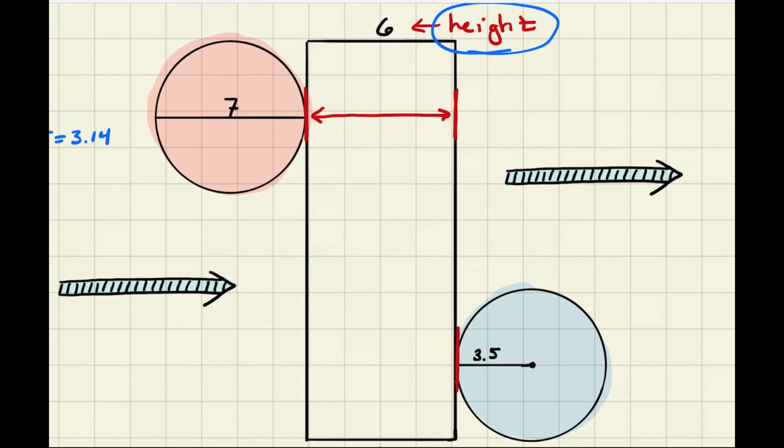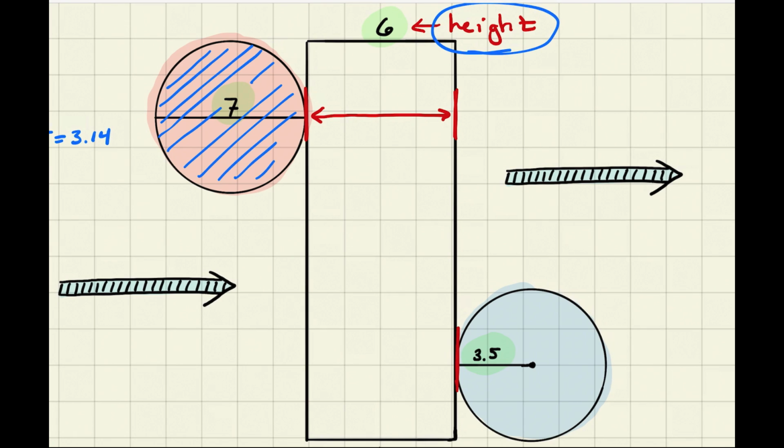Now, there's lots of numbers here that are very useful. The diameter is useful. The radius is useful. The height is useful. But there's some other pieces of information we're going to have to figure out. For instance, we're going to need to figure out the area of these bases or these circles. So we're going to need to revisit the area of a circle.